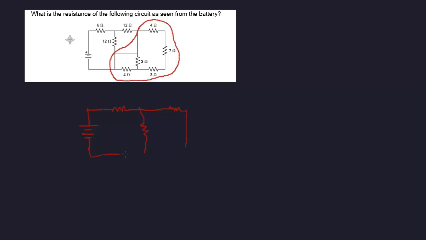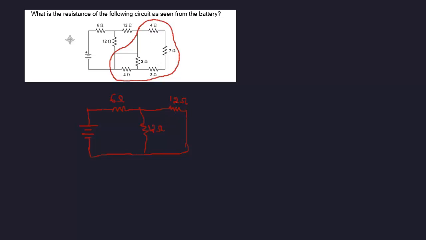I still have the 6 ohm here, the 12 ohm here, and the 12 ohm here. So now you have a very much simplified circuit. You don't need to deal with any of these at all. It's out of the circuit now.